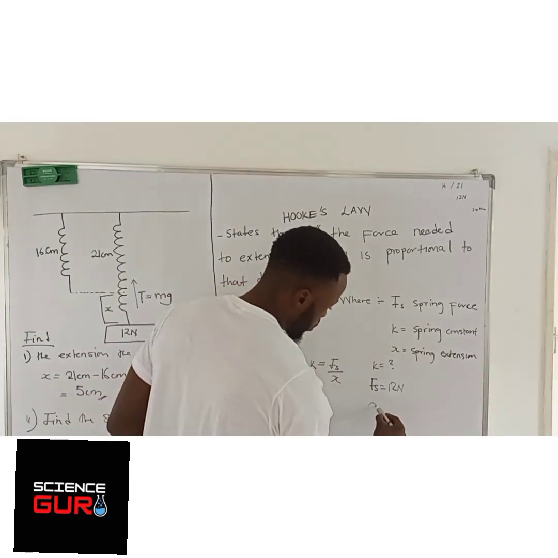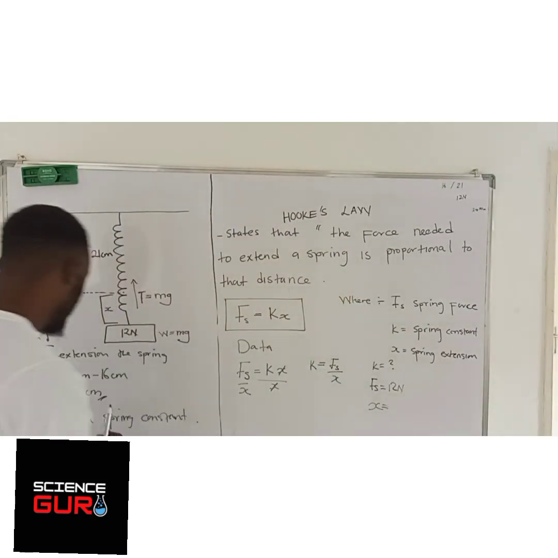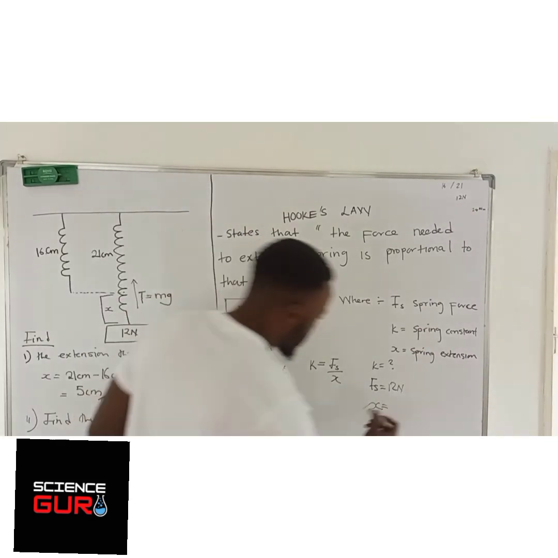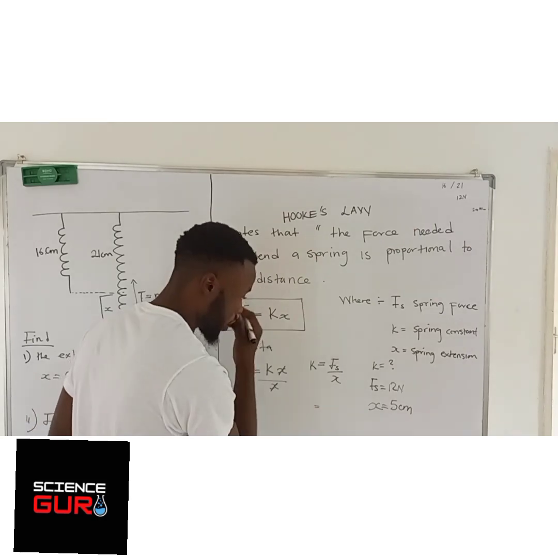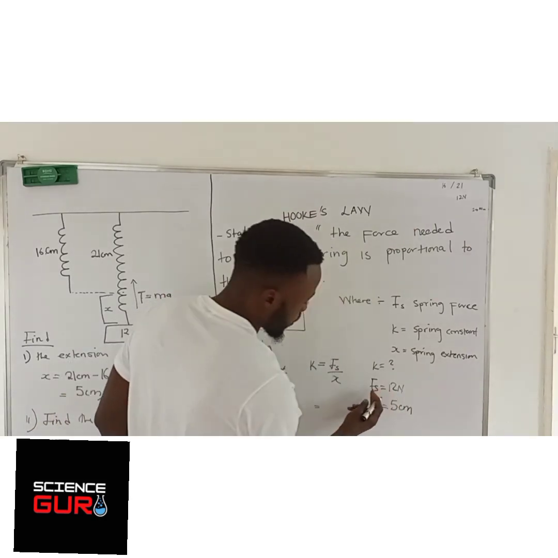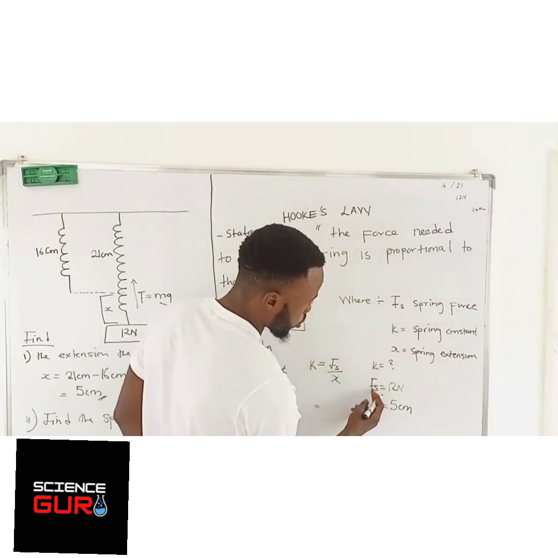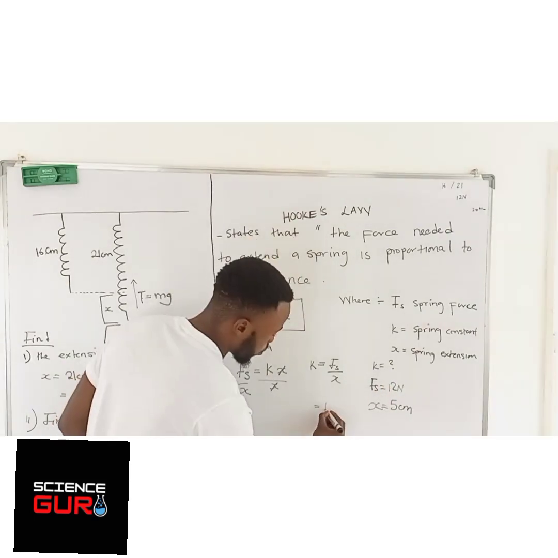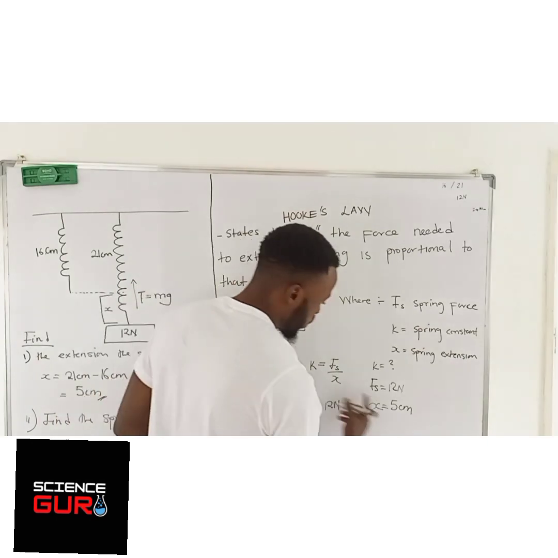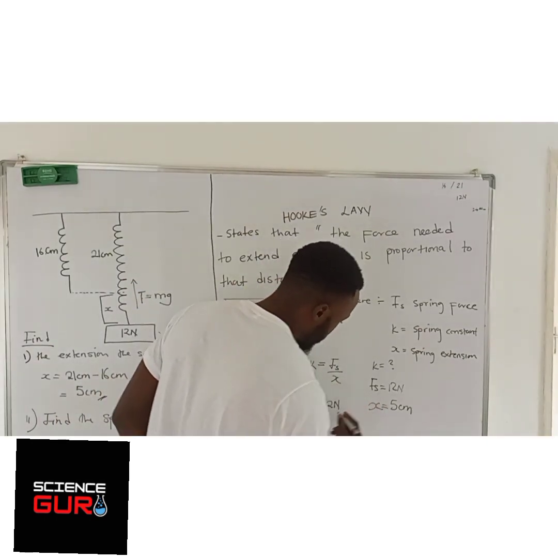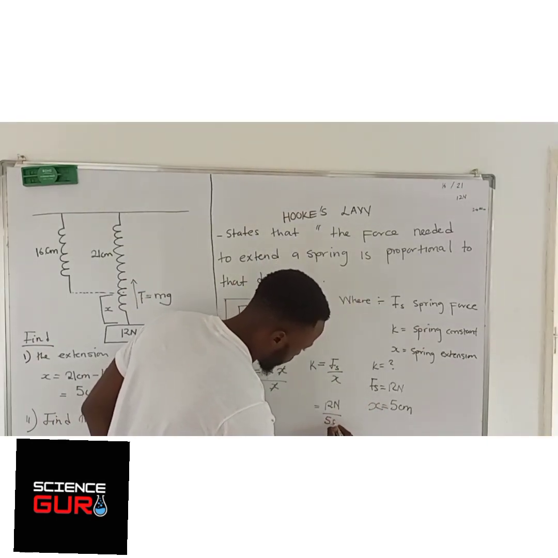Then you say x. What is your x? Your x is 5 centimeters. Then you say, okay, I have the force of the spring, which is 12 newtons. I'm even putting the SI units. Then I have the extension, which is 5 centimeters.